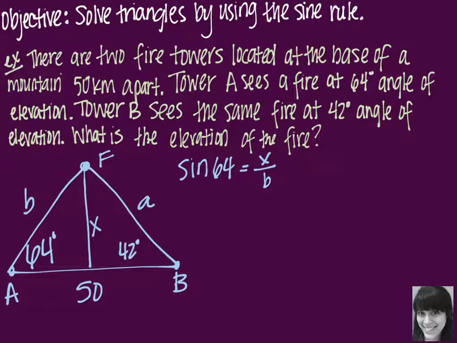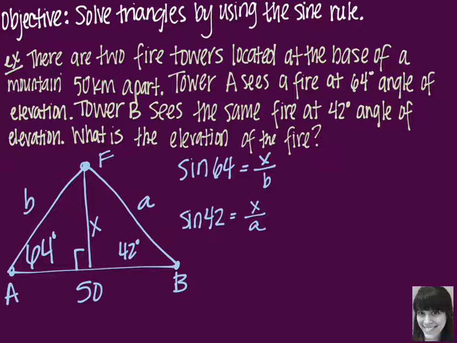Or I could do the same thing with sine of 42, and it would be the opposite, which is x, over the hypotenuse, which is A, right? Because the height meets the ground at a 90-degree angle. But I need to find A or B. Either one is fine. Let's go ahead and do B.